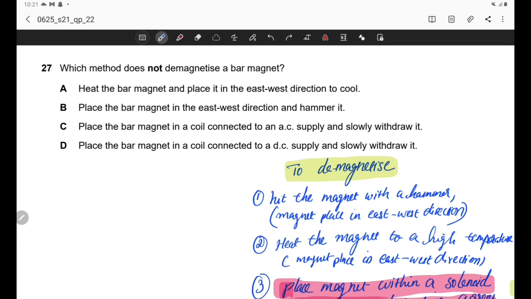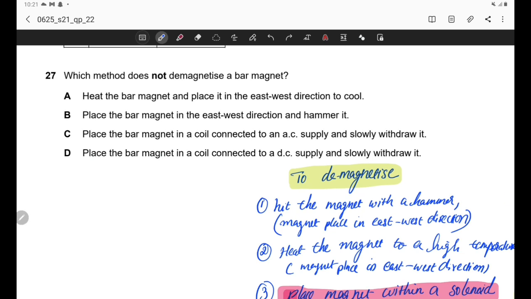Option A, heat the bar magnet and place it in the east-west direction to cool. That is a correct way to demagnetize. Option B, place the bar magnet in the east-west direction and hammer it. That is also a correct way to demagnetize a magnet. Option C, place the bar magnet in a coil, connect to an AC supply and slowly withdraw it.